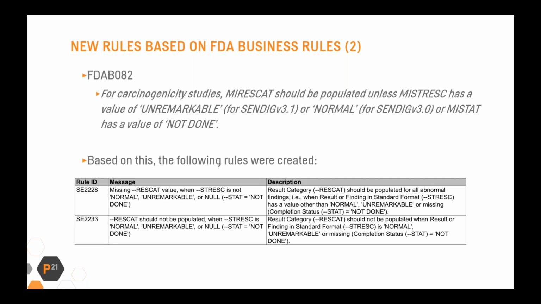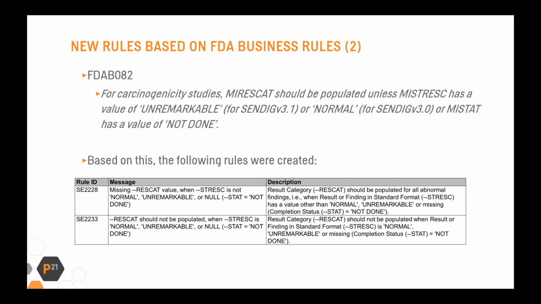Which states that for carcinogenicity studies, MIRESCAT should be populated unless MISTRESC has a value of unremarkable if you're using SEND 3.1, or normal for SEND 3.0, or MISTAT has a value of not done. So based on this business rule, we created these two rules.